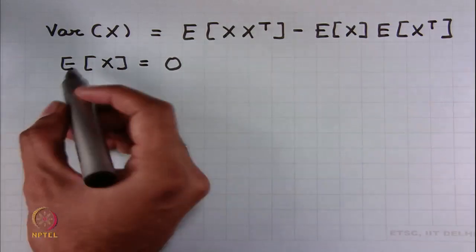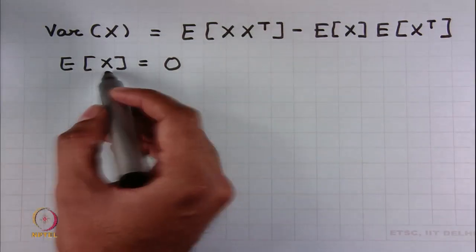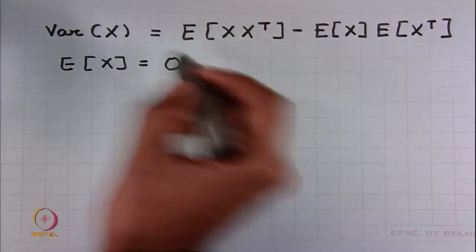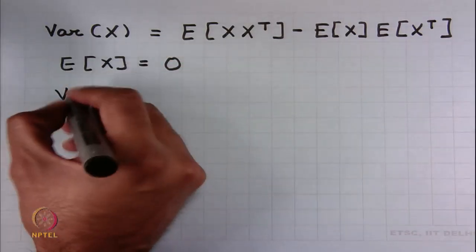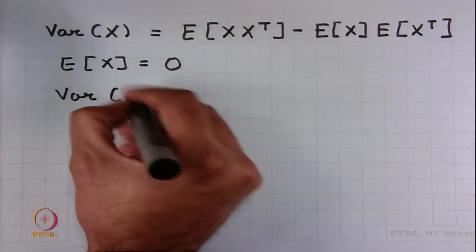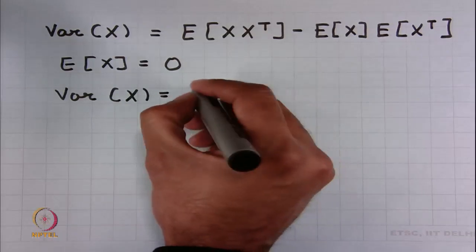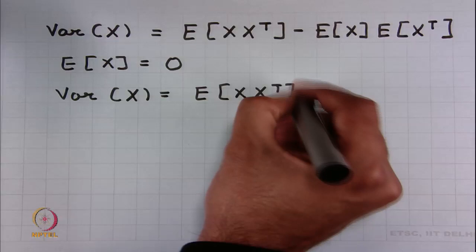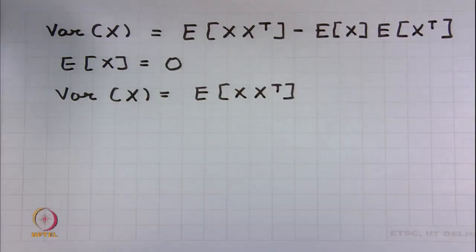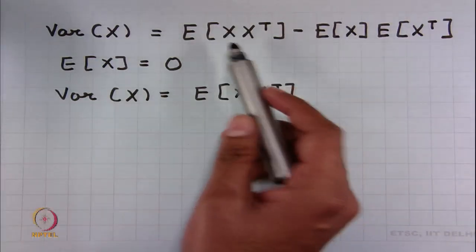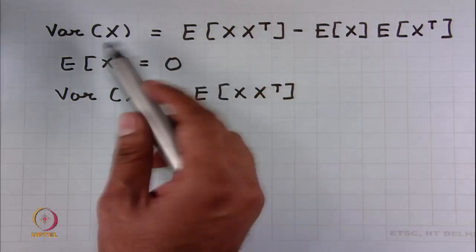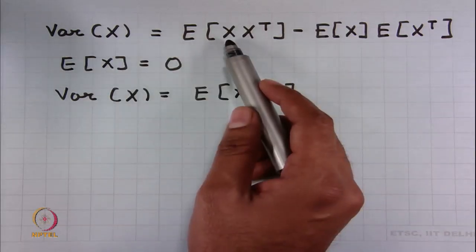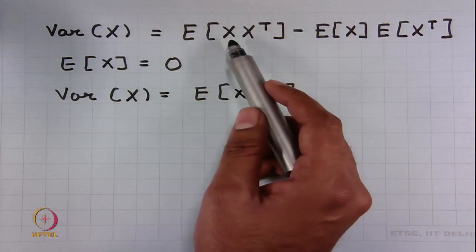So, if I assume that the random vector is a 0 mean random vector, the variance of that random vector simplifies to expected value of x into x transpose. And remember, this definition for variance applies if x is a column vector, and in this course we always assume the vectors to be column vectors.